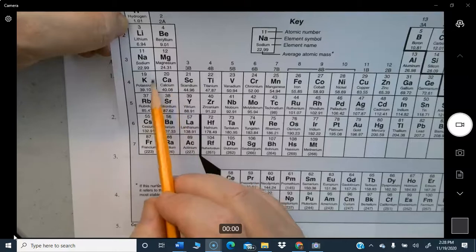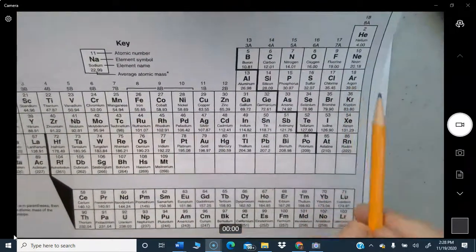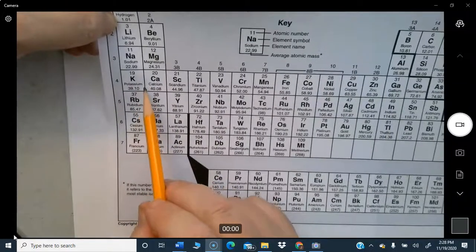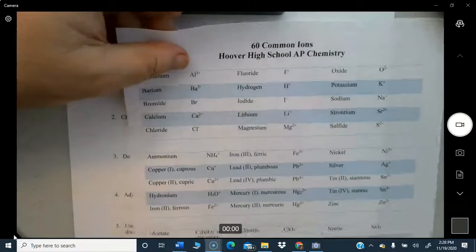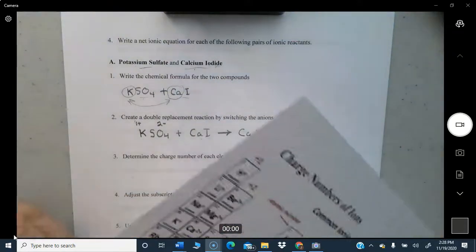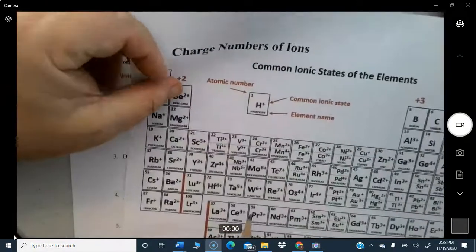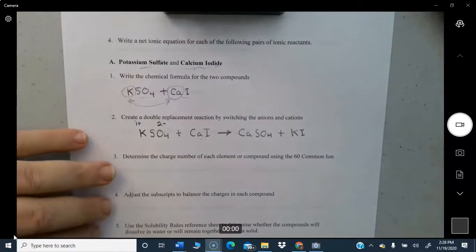These over on this side want to lose electrons to be like the nearest noble gas, which for calcium is going to be argon. So this loses 2 electrons. That gives it a 2+ charge. Or you could have done it the easy way and just looked here that calcium is a 2+ charge. Or you could have looked here, just showing you what your options are here. On the periodic table of ionic charges, calcium is a 2+ charge. Okay? Several ways to know that.